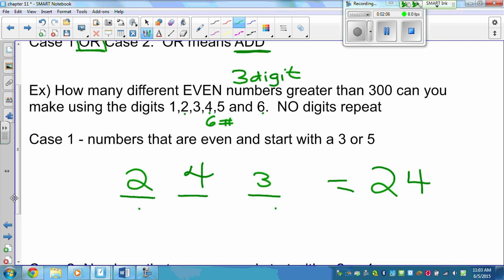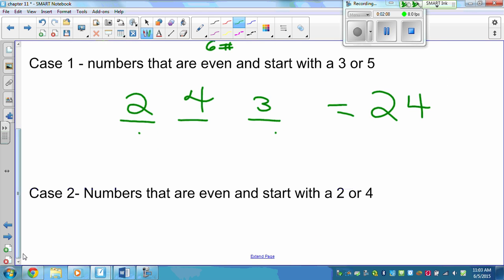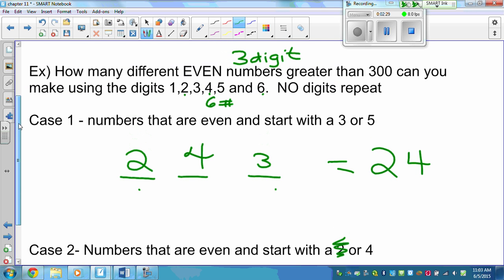Okay, or we could have the idea that it's even and starts with a 2 or a 4. Okay, it actually can't start with a 2, right? The reason it can't start with a 2 is it would not be bigger than 300.